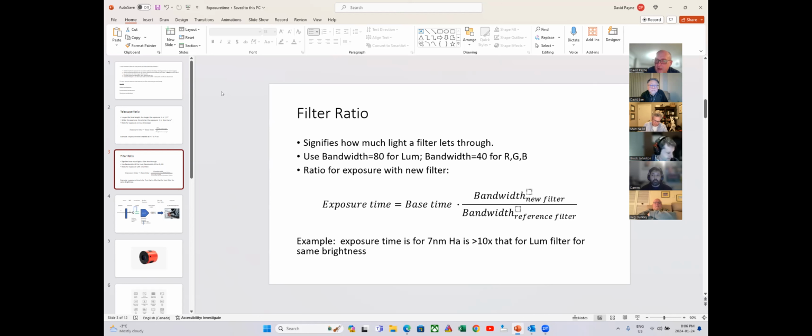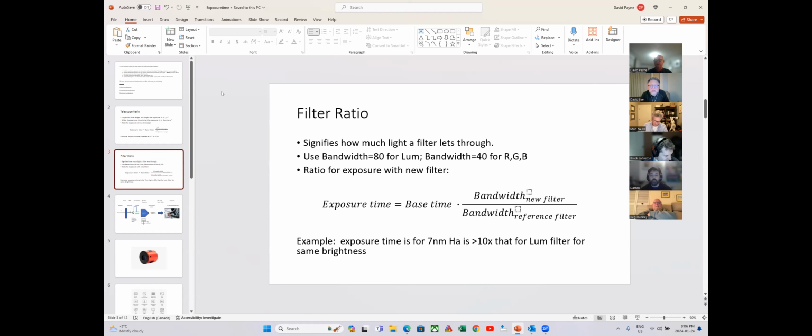So if you're thinking about the exposure time, using the same gain, the same camera, and the same telescope, you can ratio how long you need to make the exposure time. So the exposure time is basically the base time times the bandwidth of a new filter divided by the bandwidth of whatever your reference frame that you know is a good exposure happens to be.